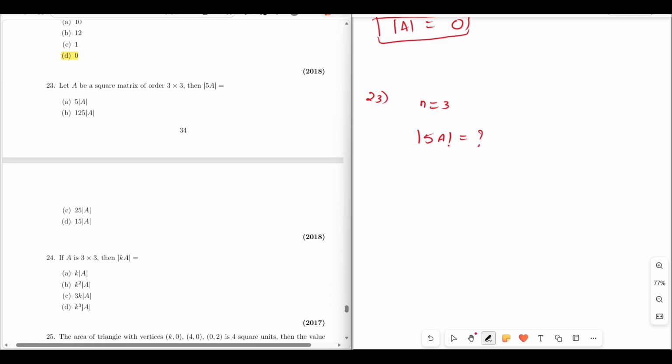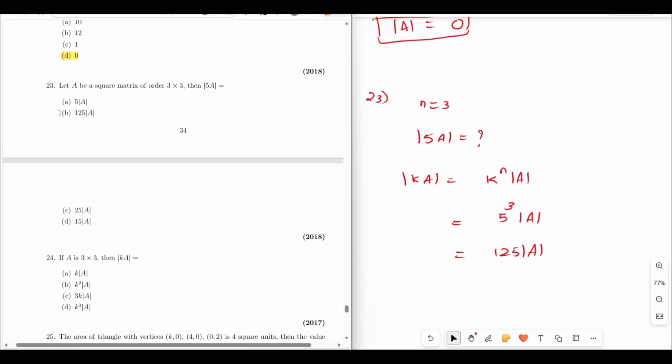So we know that determinant of kA is equal to k power n into determinant of A, where n is the order of the given matrix. According to this, determinant of 5A will be equal to 5 power 3 into determinant of A, which is equal to 125 into determinant of A, where 3 is the order of the given matrix. Then obviously, option B is the correct answer.